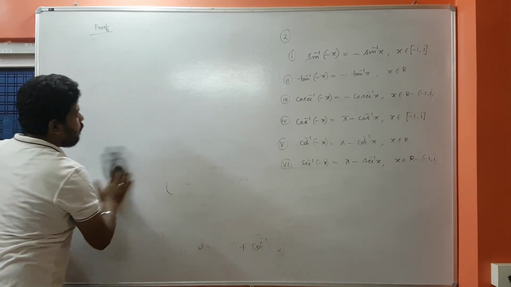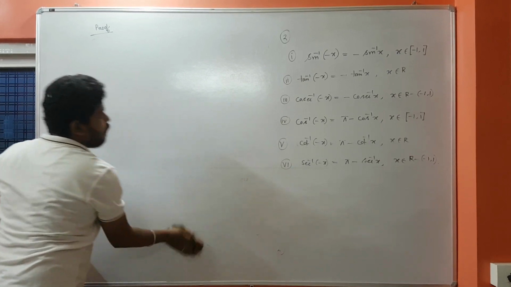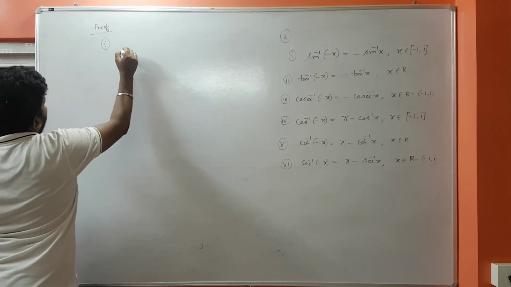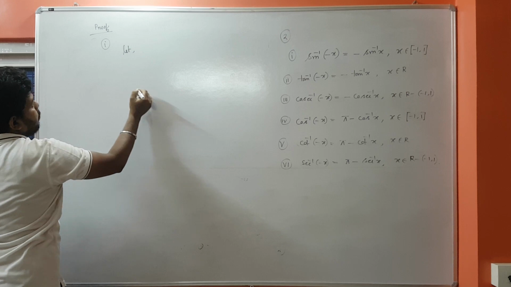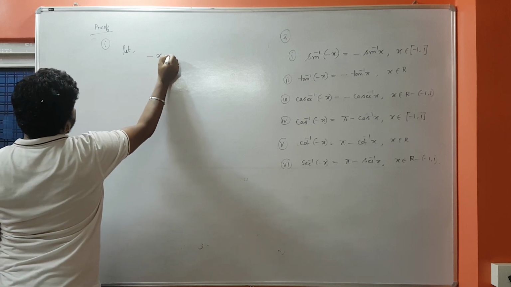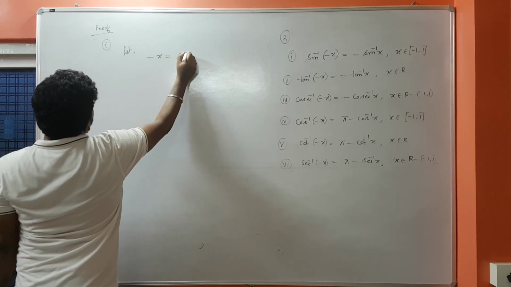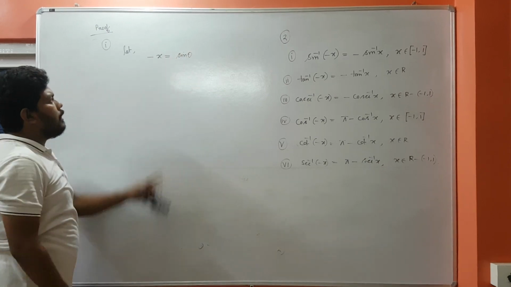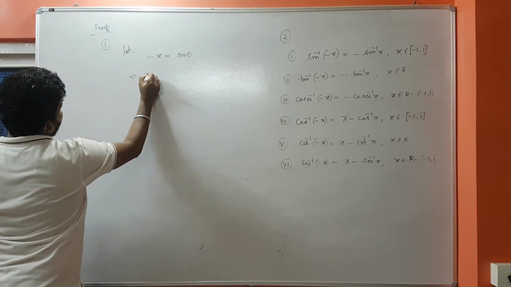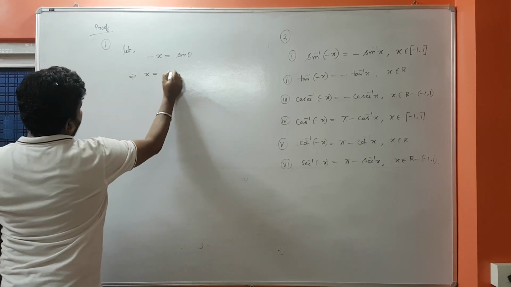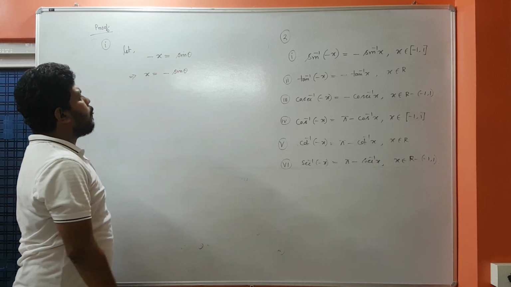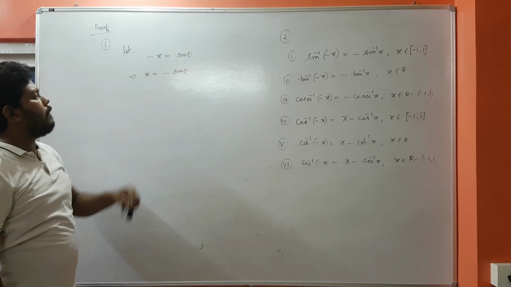Let us find the proof of number 1. Let minus x be equal to sin theta. That is, x equals minus sin theta.